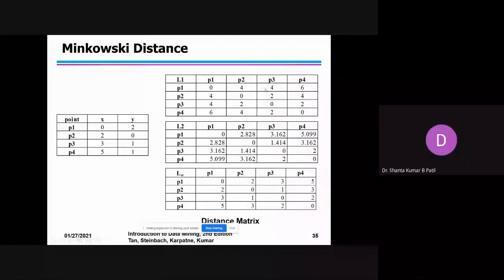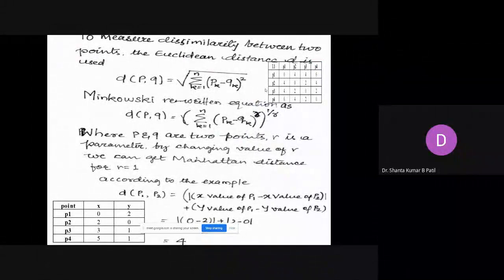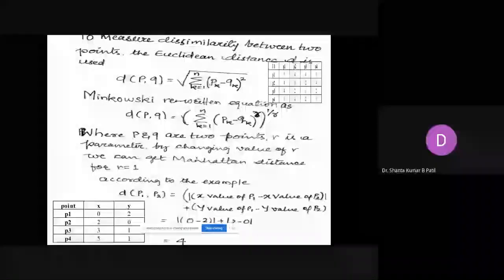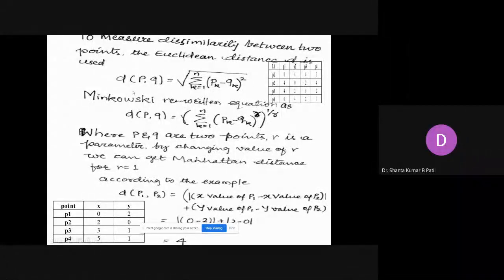So I will show you the example. To measure dissimilarity between 2 points, the Euclidean distance d is used. For example, d(p,q), k equal to 1 to n, pk, where p and q are the 2 points, such as P1, P2, P3, P4.